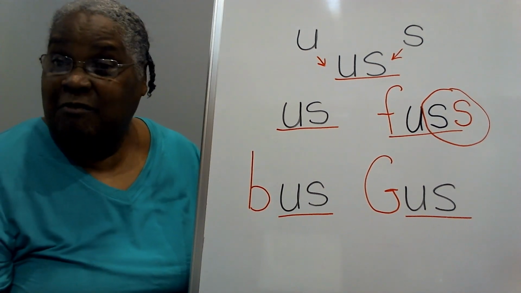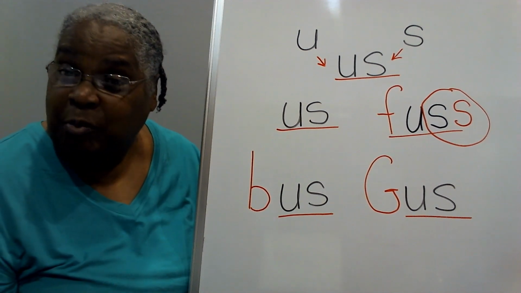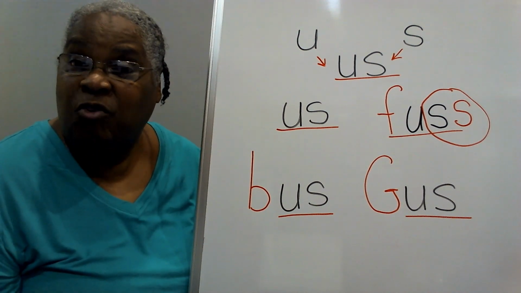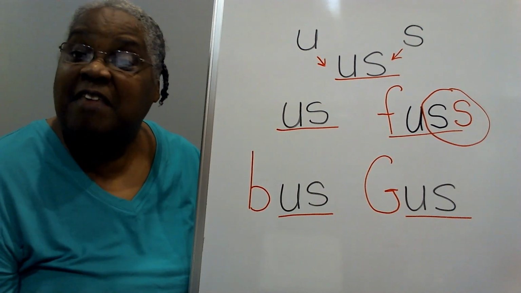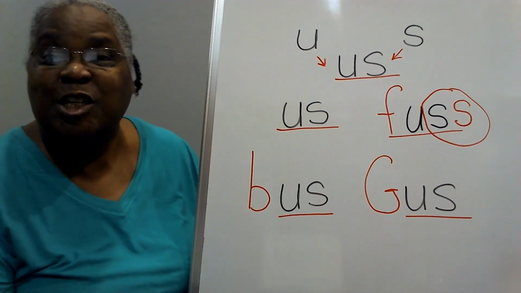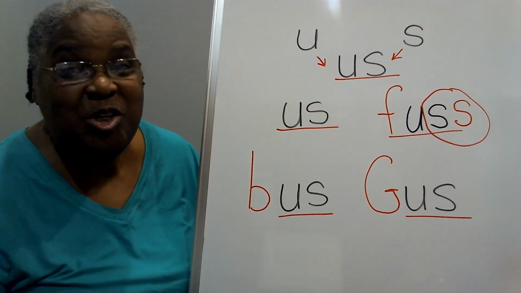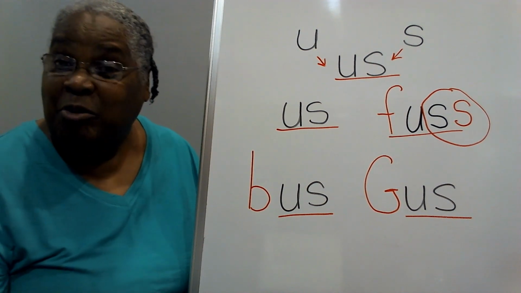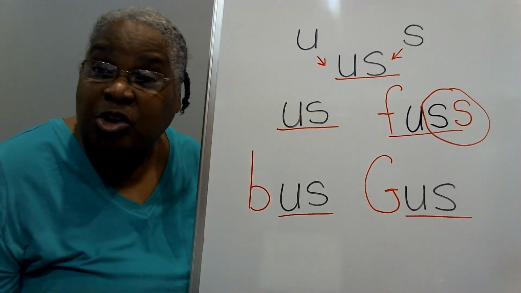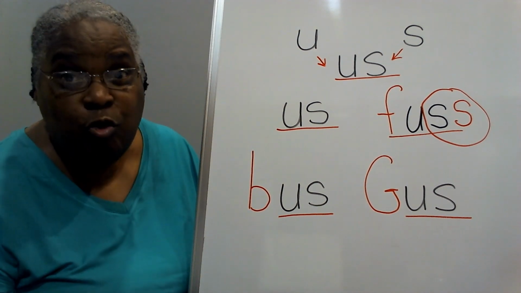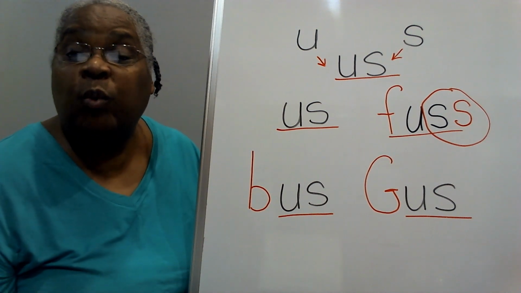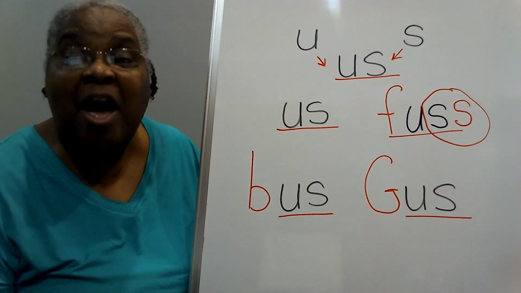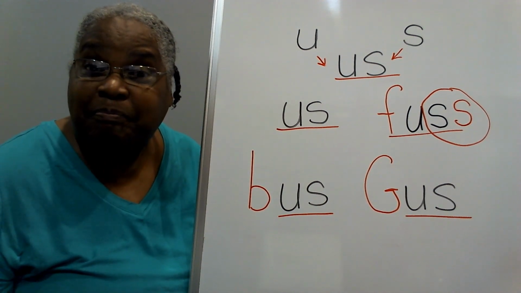Now, before I give you an assignment to do, I want to use this opportunity to give clarity to you as to why one of the words that we formed has a capital letter at the beginning of that word. The reason why I use the capital letter at the beginning of one of the words is because one of the rules for using capital letters is that we are to use a capital letter at the beginning of a special name of a person, place, or thing.